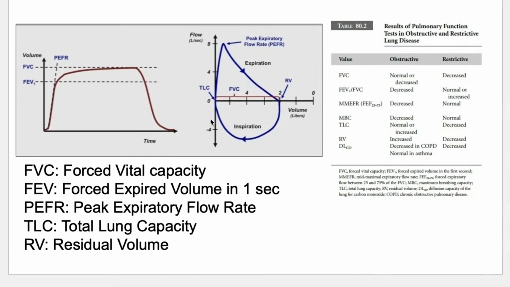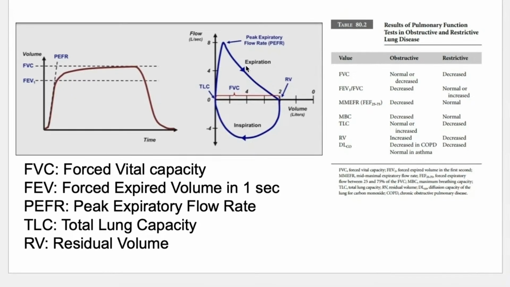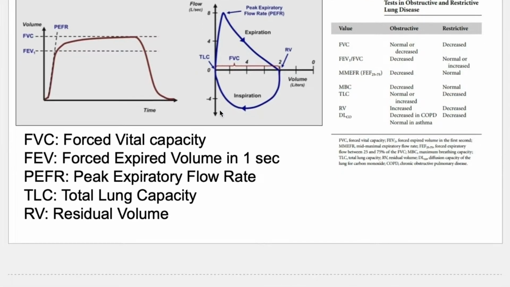Here we can see that: someone has breathed out, but there are still 2 liters of air within their lungs. And it looks like their total lung capacity here is 6, because this graph is going inwards, with zero on the y-axis. Okay, cool.